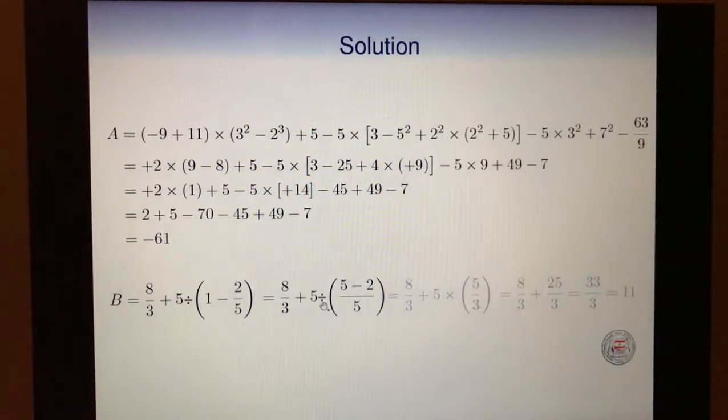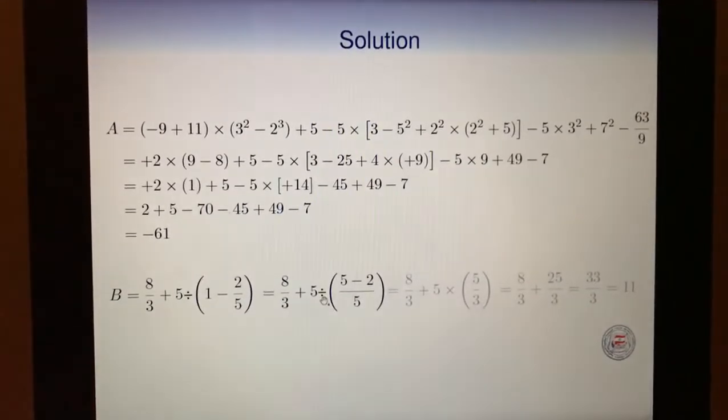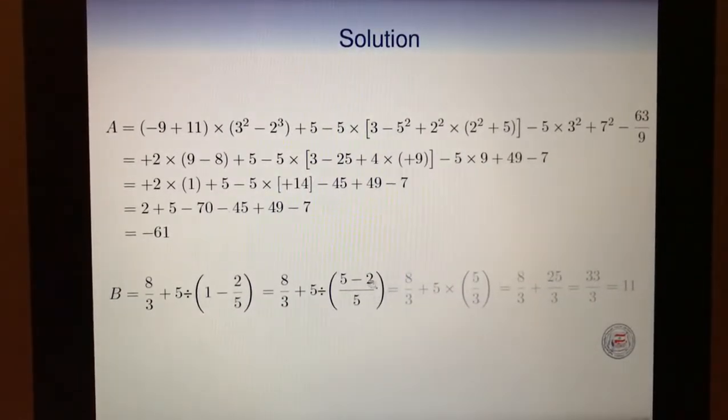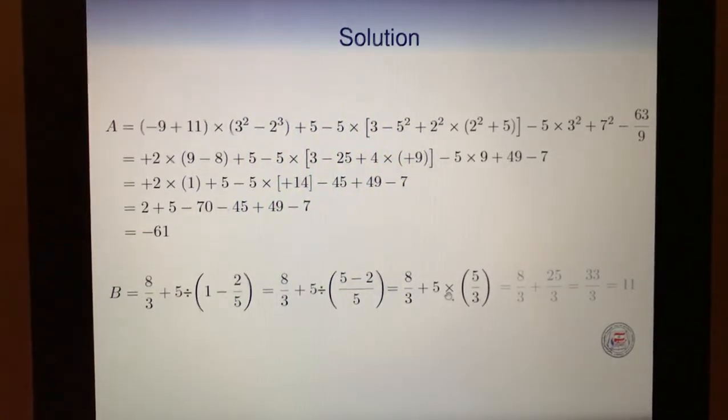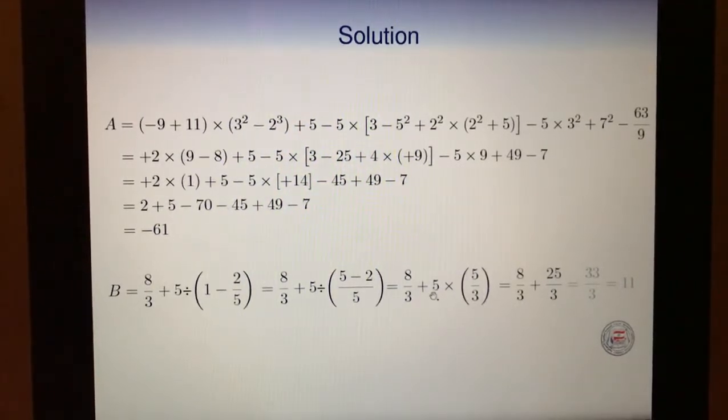In order to replace this division by multiplication, we need to reverse the denominator and the numerator. So we will get 8 over 3 plus 5 times, the division is replaced by times, and then the fraction is 5 over 3 instead of 3 over 5. So now multiplying 5 by 5 over 3, so 5 is over 1.